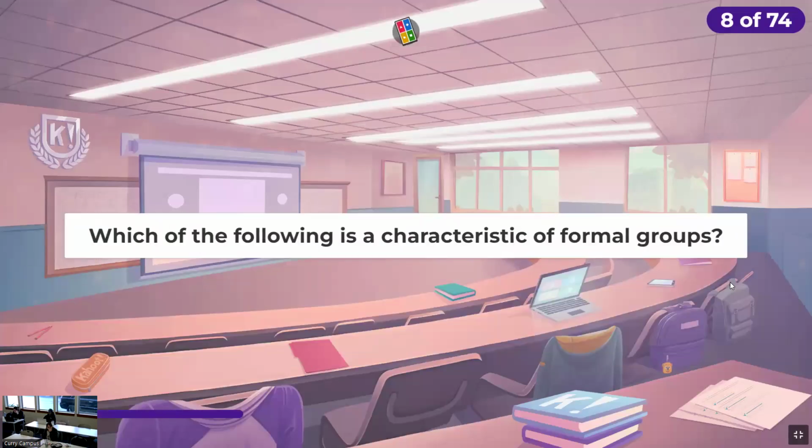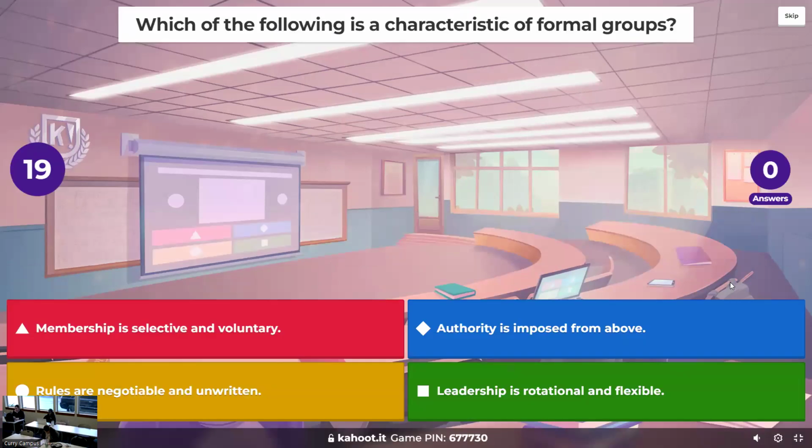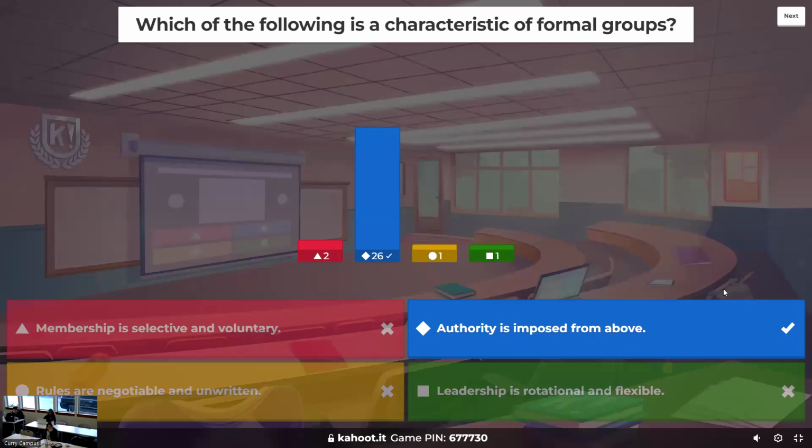All right, quiz time. Which of the following is a characteristic of formal groups? Right.